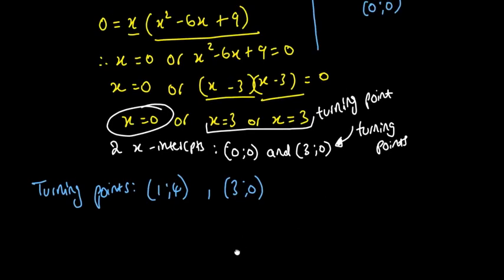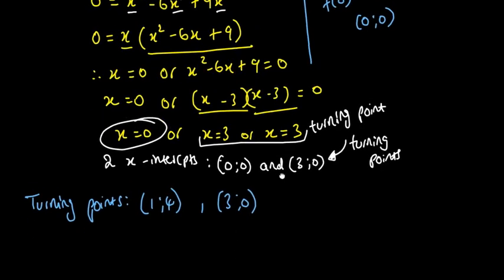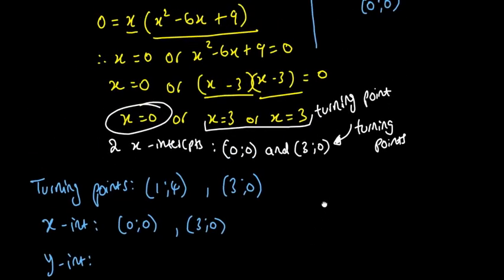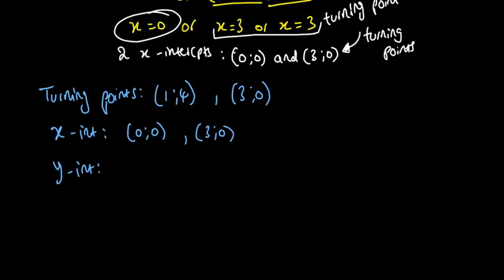And then for our x-intercepts we have 0 and 0. Interesting. We have 0 and 0, and then we have 3 and 0. Then for the y-intercepts, just remember what we got there. We got 0 and 0. So you always collect them like this, good people.